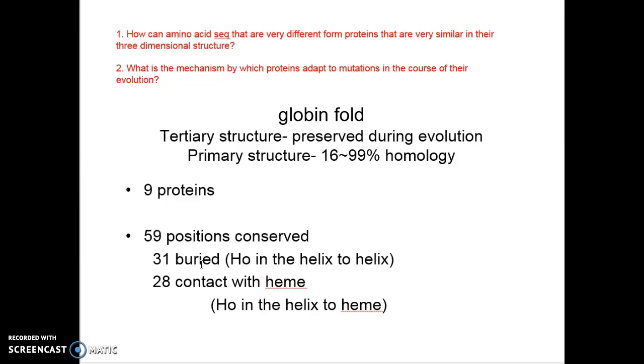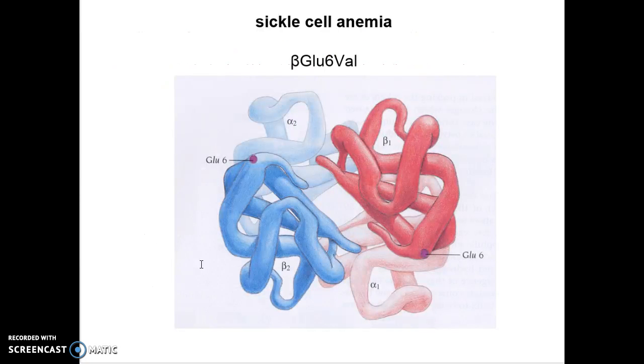So unless mutations occur in this kind of highly conserved, important key residues, proteins could adapt the globin fold. Hydrophobic interactions are very important in making proteins.